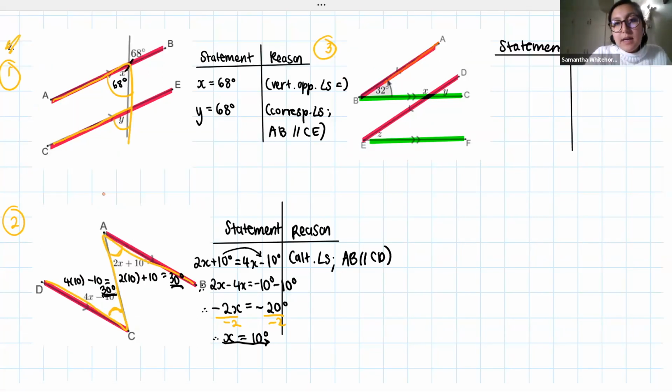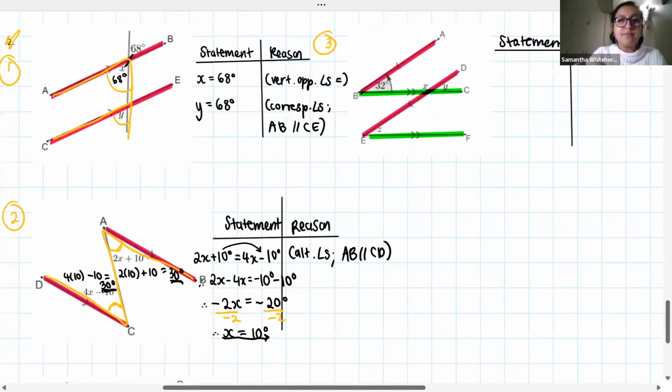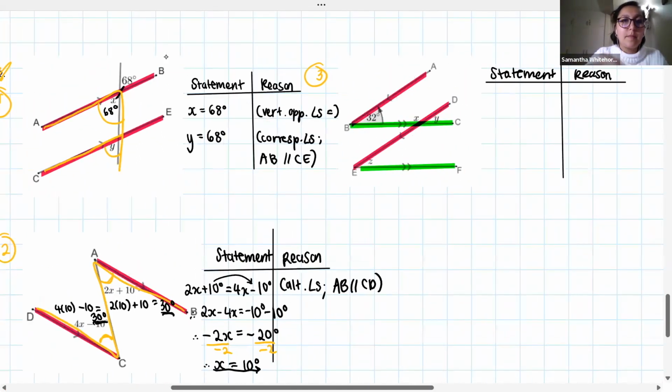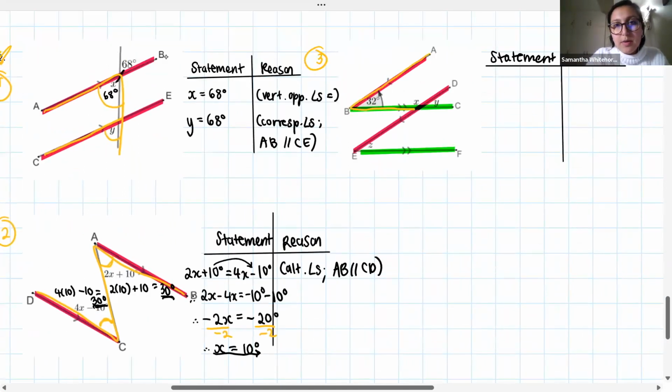I see that X and 32 degrees form a U shape. That was a terrible color to pick, so let me try that again. Okay. So here's my U shape, or the cup shape. And so 32 plus X must give me 180 degrees.